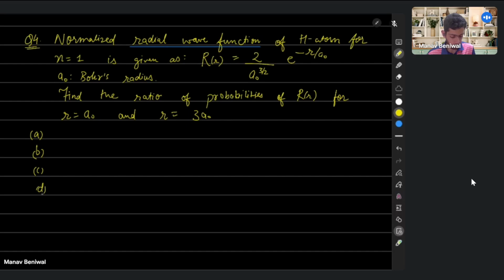And then we are given some options: 1:3, 9:1, 6:1, and √3:1.